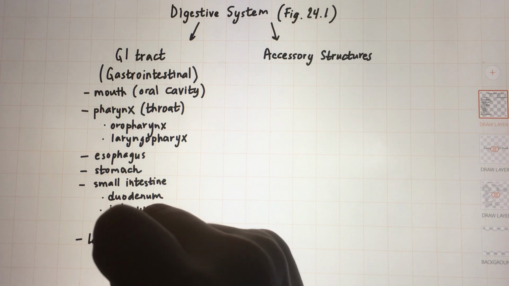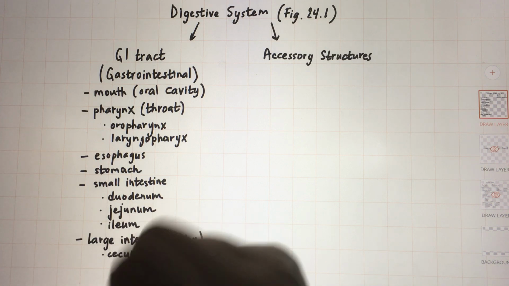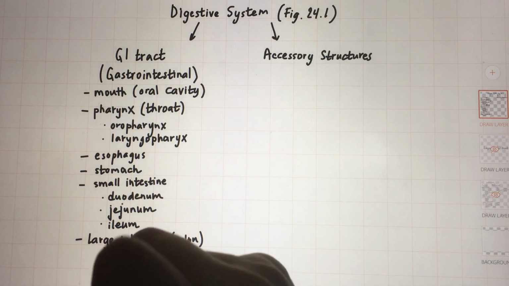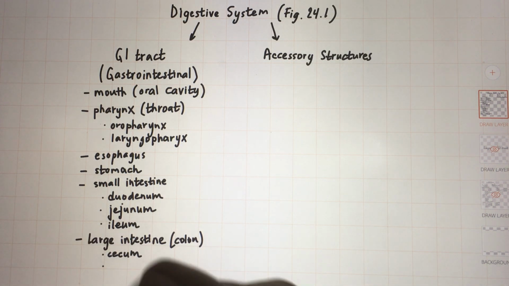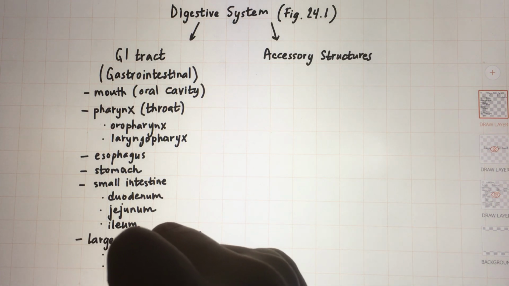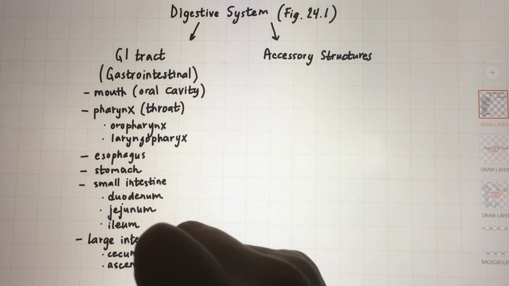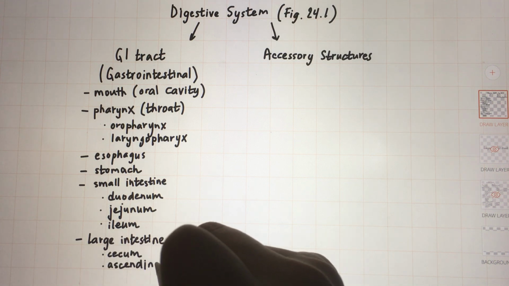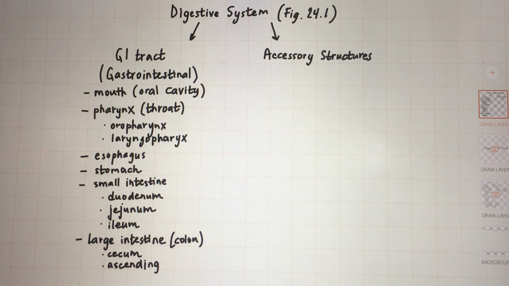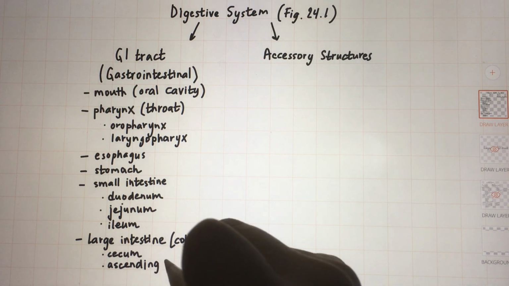This is where the large intestine and the small intestine connect. The next part of the large intestine is the ascending colon. Ascending means rising, and this is the part of the large intestine that carries food in the upwards direction, up the right side of the body.